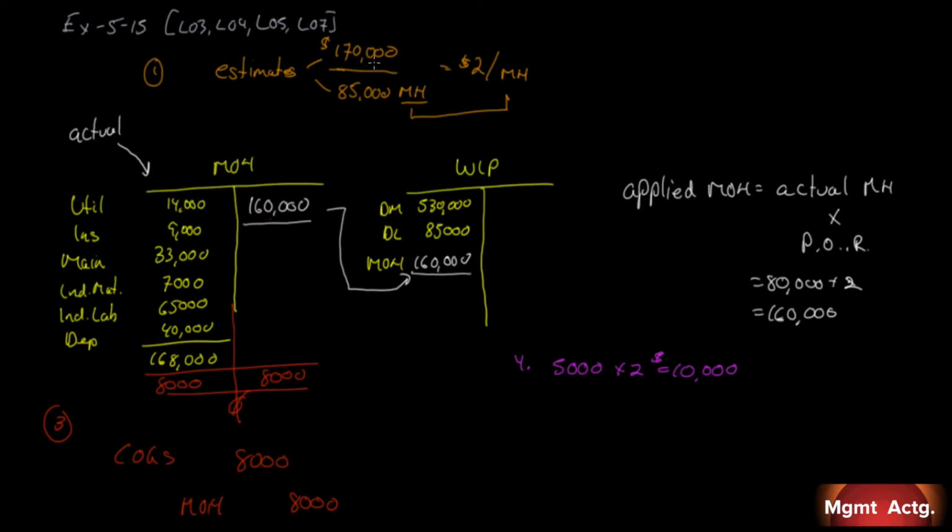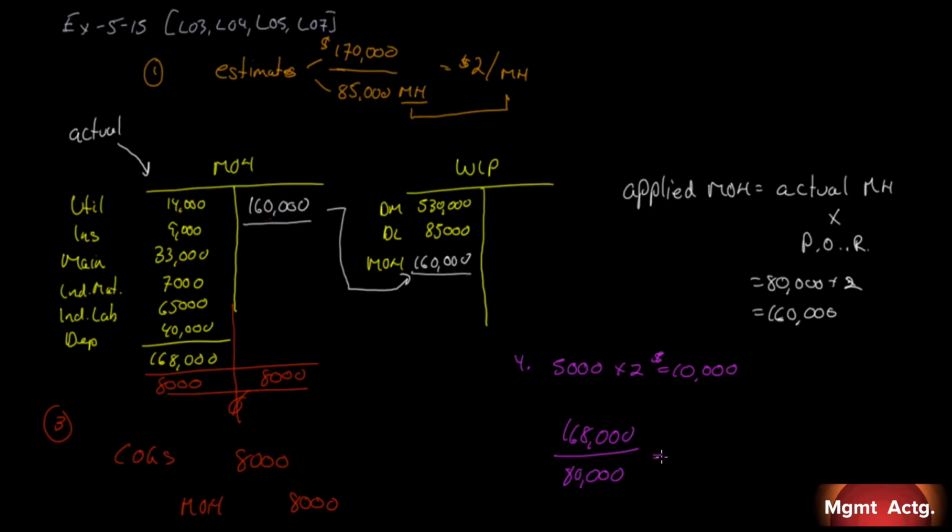The costs of $170,000 were based on 85,000 machine hours. We actually incurred $168,000, which is lower than the 170, but you only worked 80,000 machine hours.